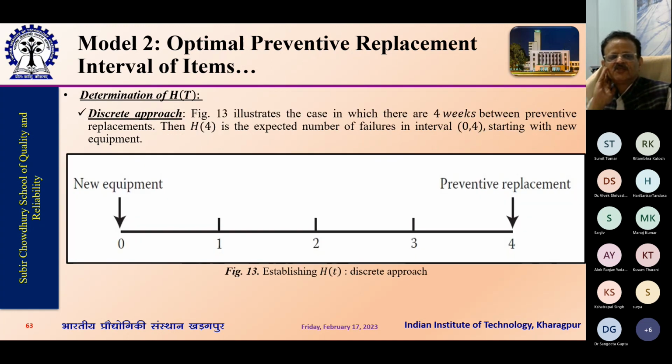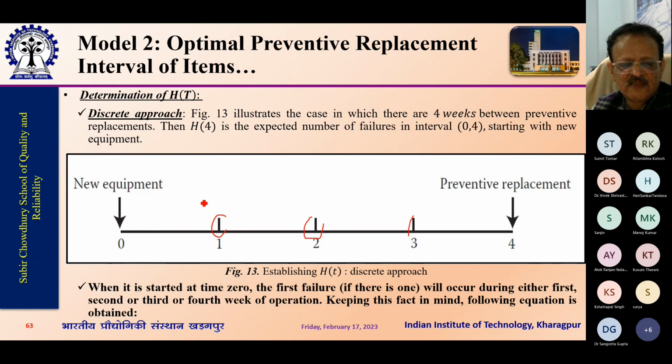This is based on the discrete approach. You can divide the interval and see what the expected number of failures is. Suppose the time is 4 weeks; you have divided this interval into each week. Now the preventive replacement is to occur in the 1st week, 2nd week, 3rd week or 4th week. When it is started at time 0, the first failure, if there is one at all, will occur during the 1st week.